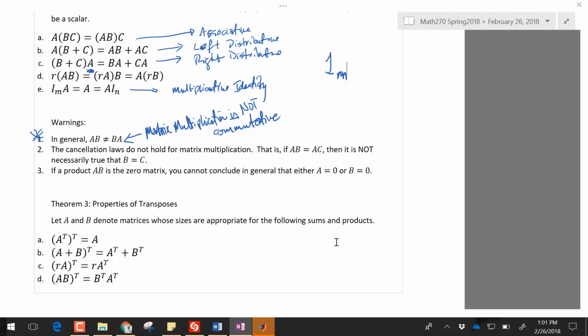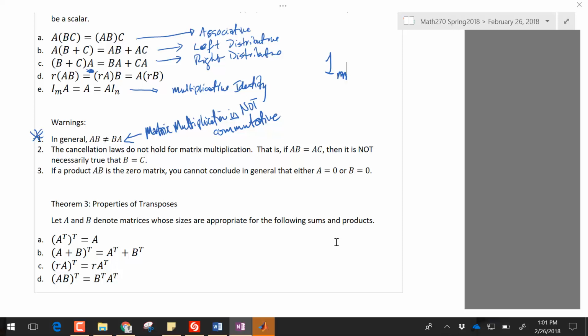Again, if you have a simple 2x2 matrix, you can try it out and see what happens. The transpose of a scalar multiplication is the same thing as moving the scalar out and just taking the transpose. That one kind of makes sense too. Imagine your 2x2 matrix A, B, C, D multiplied by 5, and then do the transpose. Factoring out the 5 would give you the same results.